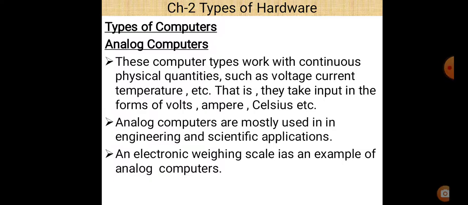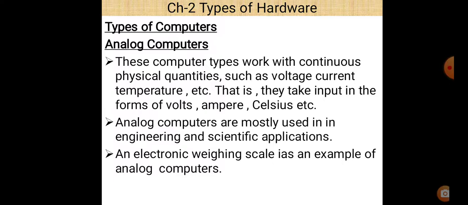First of all, analog computers. As I told you, this computer type works with continuous physical quantities such as voltage, current, temperature. That is, they take input in the forms of volts, ampere, and Celsius. And analog computers are mostly used in engineering and scientific applications.